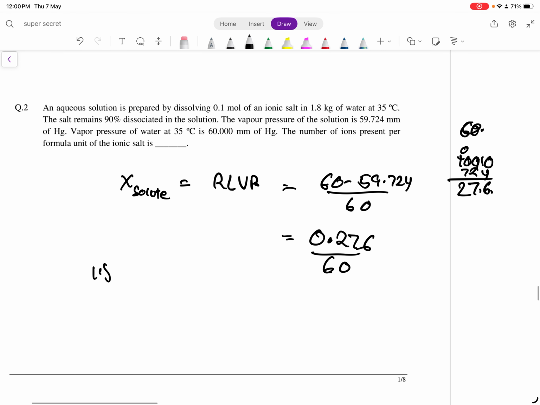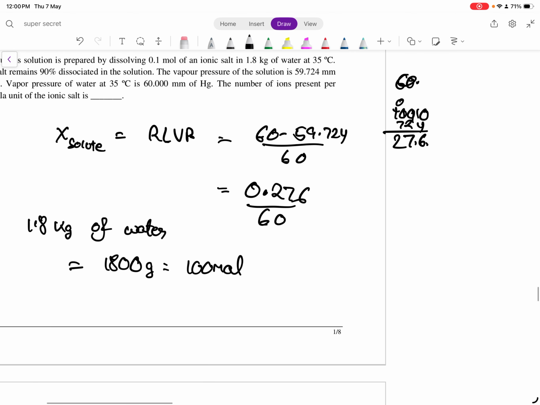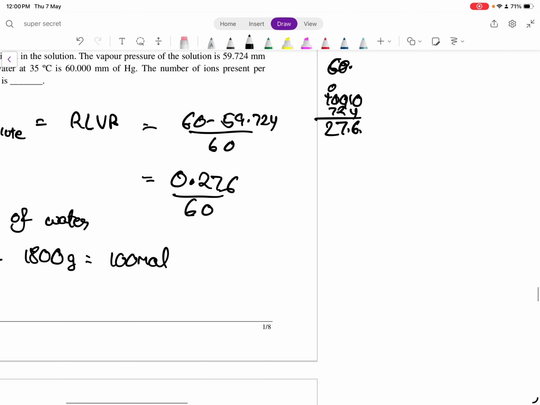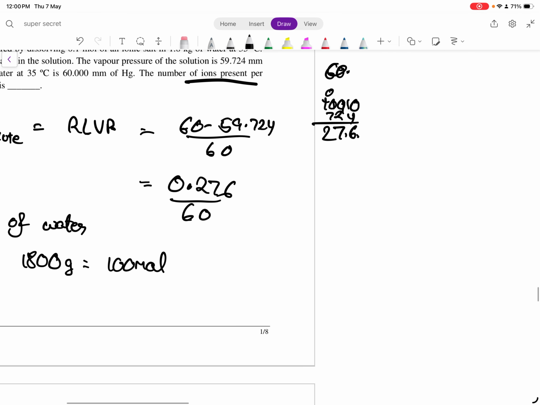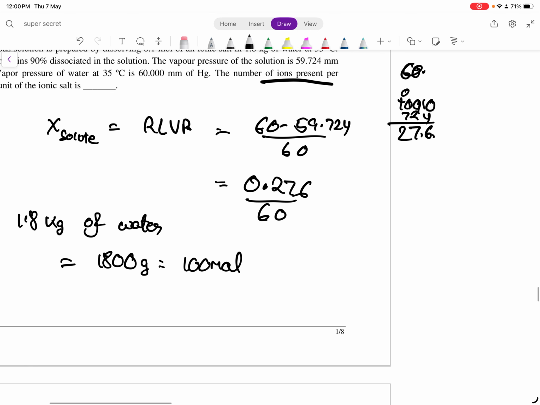And 1.8 kg of water is equal to 1800 grams, which is equal to 100 moles of water. And then we have 0.1 moles of ionic salt. So let's say we have 90% dissociation, and we just have to find the number of ions.